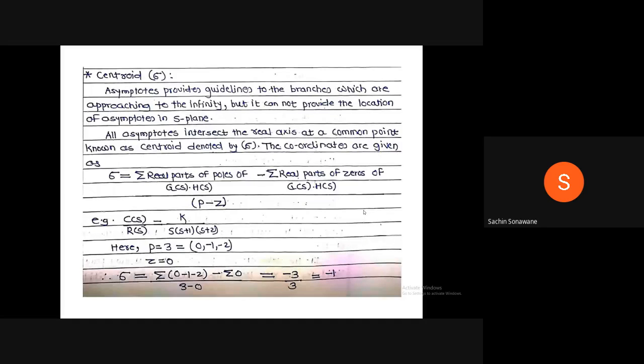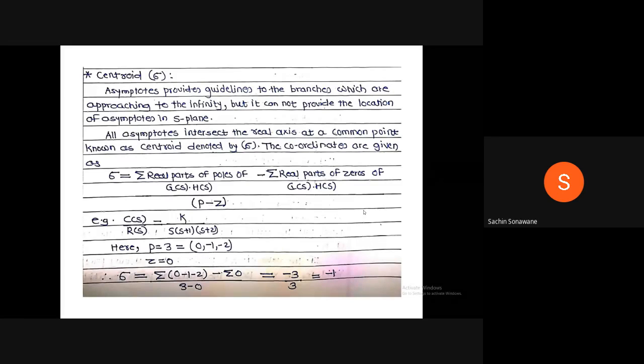Now centroid sigma. Asymptotes provide guidelines to the branches which are approaching infinity, but they cannot provide the location of asymptotes in the s plane. All asymptotes intersect the real axis at a common point known as the centroid, denoted by sigma.